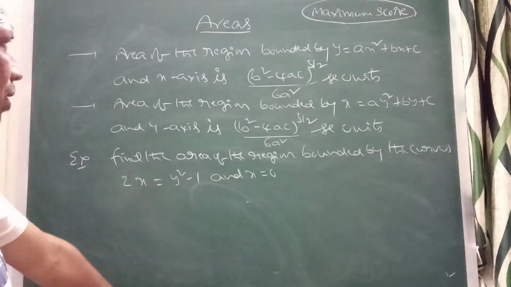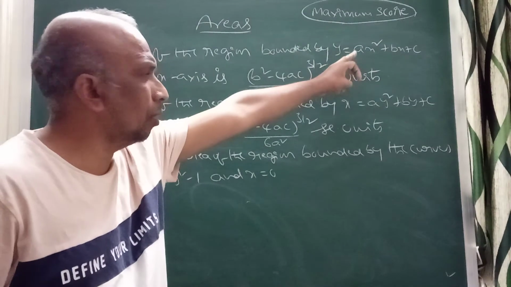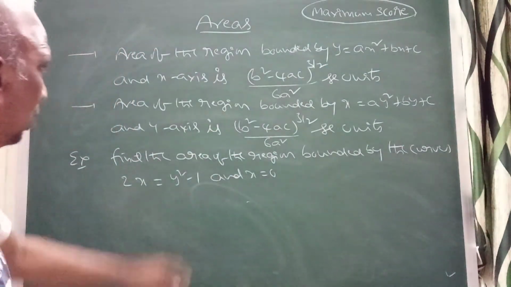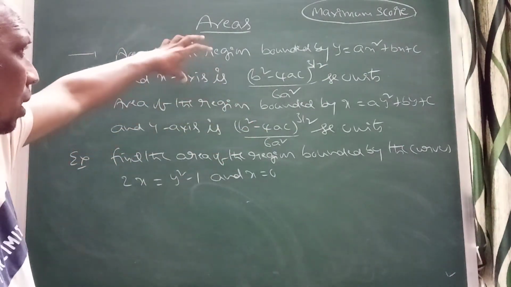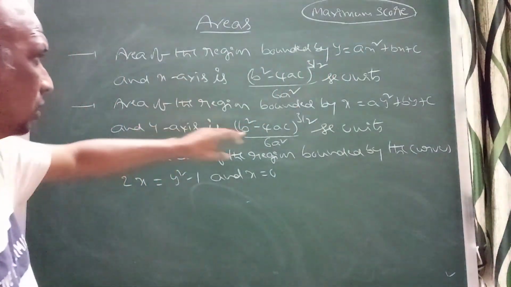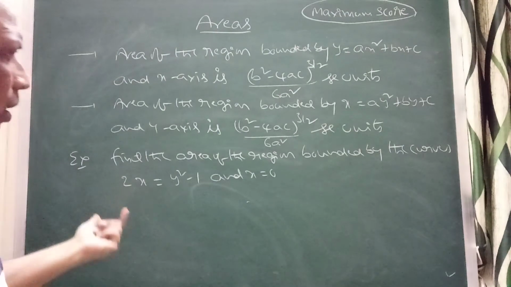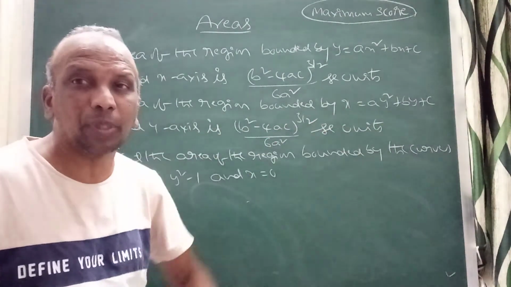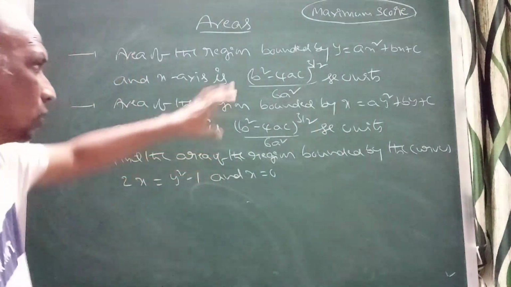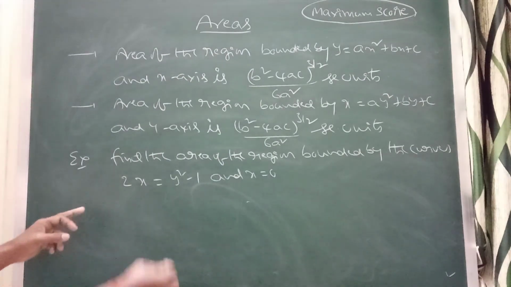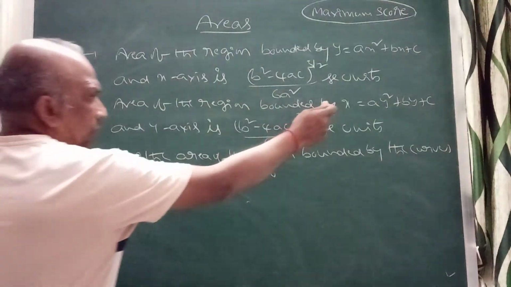Now see, whenever they give a parabola in the form y equal to ax square plus bx plus c and the x-axis, the area of the parabola along with the x-axis is discriminant whole power 3 by 2 by 6a square. Even if you take the parabola x equal to ay square plus by plus c, in that case also the same formula. You can see 2x equal to y square minus 1. They give it like this.